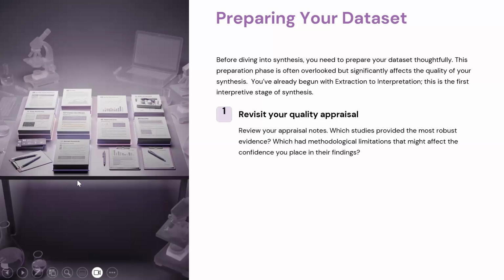So the first step to actually take is to revisit your quality appraisal, review your appraisal notes, and ask questions such as which studies provided the most robust evidence, and which had methodological limitations that might affect the confidence that you put in your findings. So again, this goes back to asking questions.